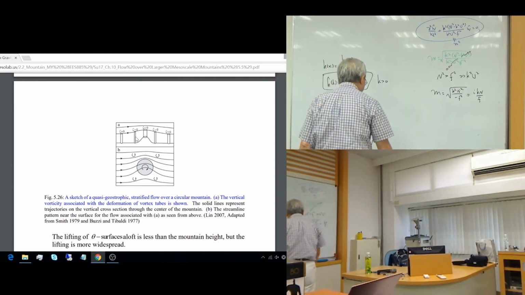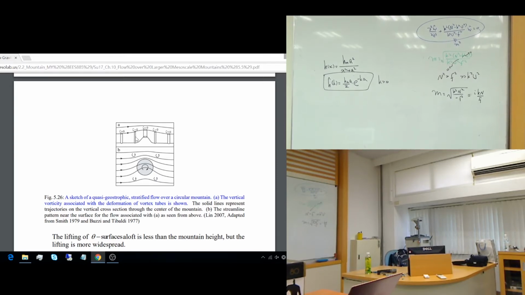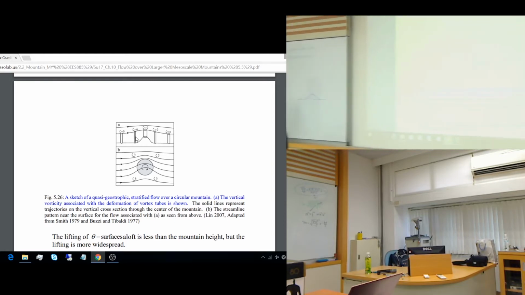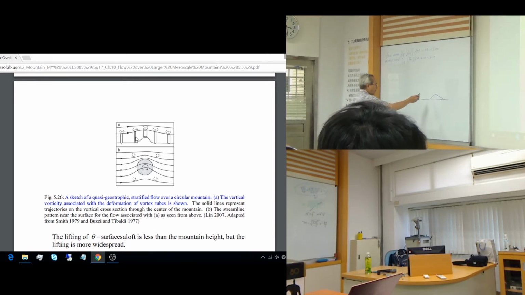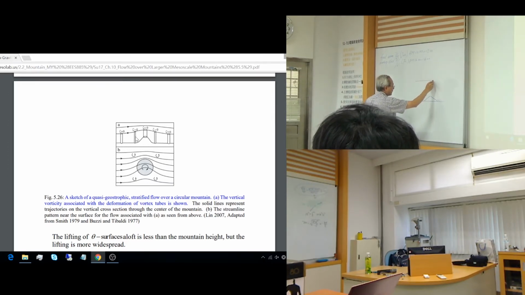You go home, and what you can do is like this. Say you just idealize your mountain like this, and here, say, the tropopause.